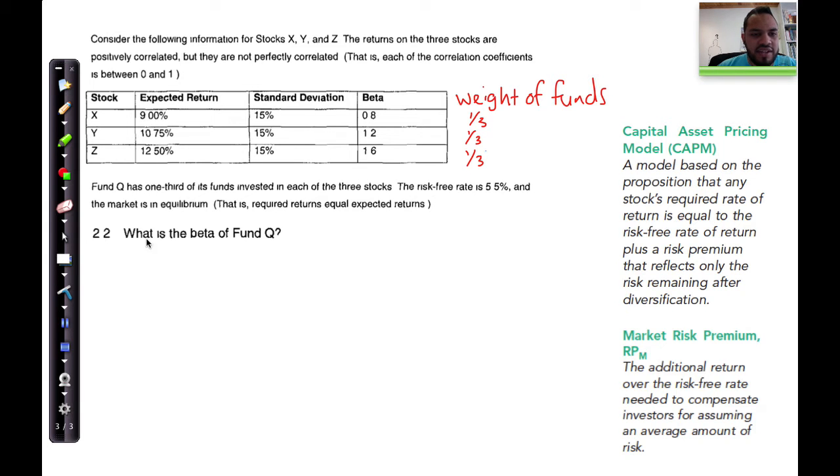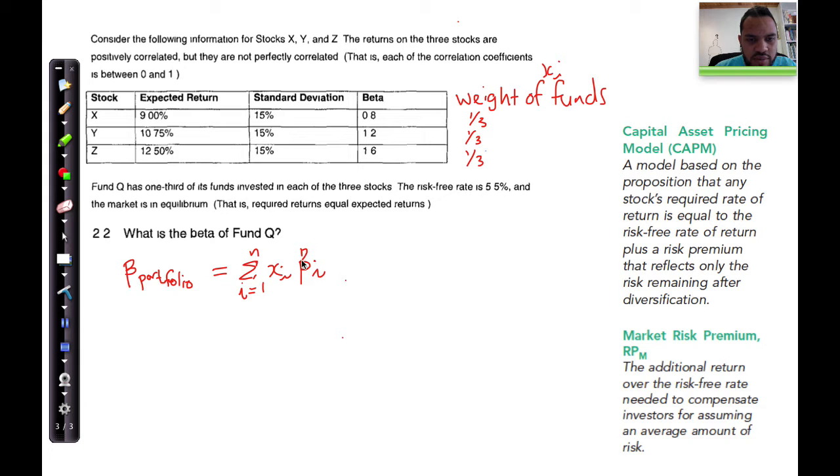So when we calculate the beta of the fund, we can simply say that the beta of the portfolio, let's just fix our spelling over there, is equal to the sum, with i equals 1 up to n, of xi, which is the weight of each fund, multiplied by beta i.